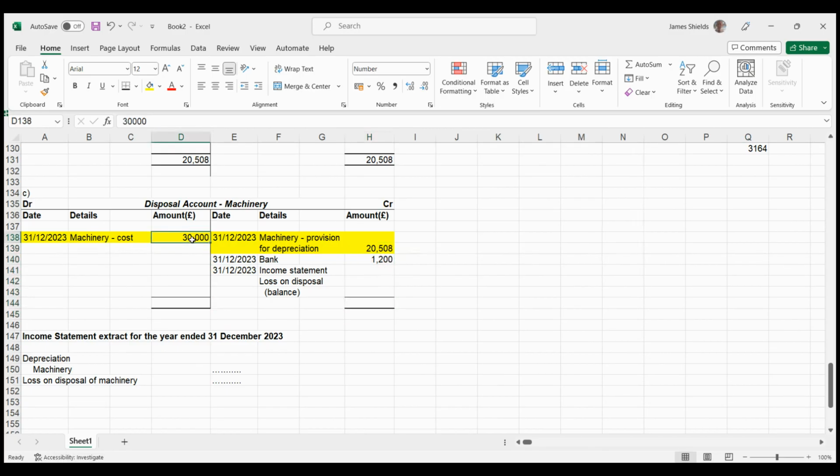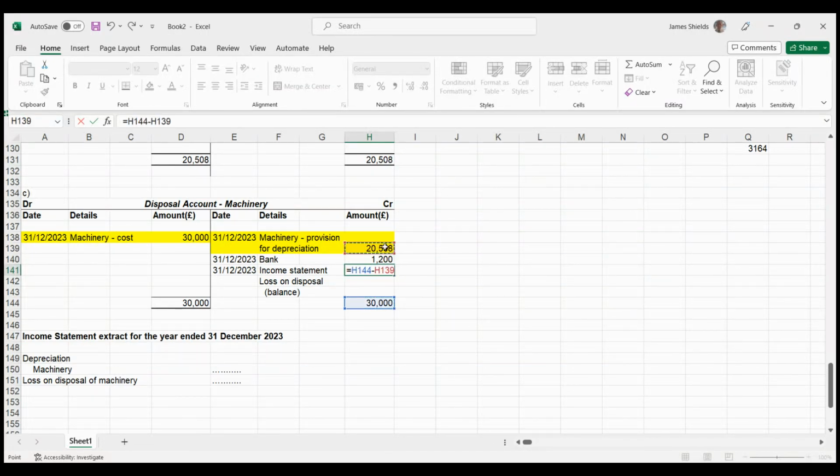The debit side total is £30,000. So now I need to put the same figure in my credit side and find the difference. And the difference will be in the income statement. So it's going to be the 30,000, take away the 20,508, take away £1,200. That's given me £8,292. So again, that's going to be a loss on disposal in the income statement, £8,292.